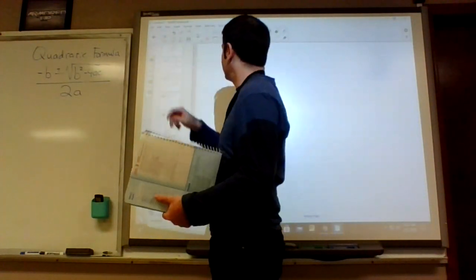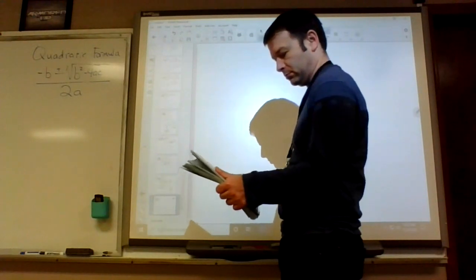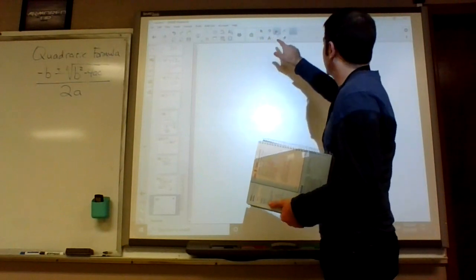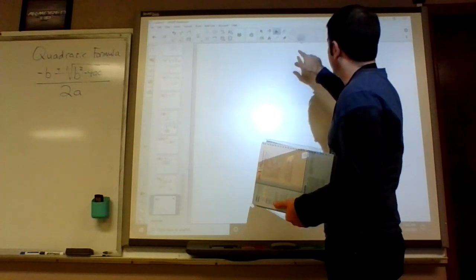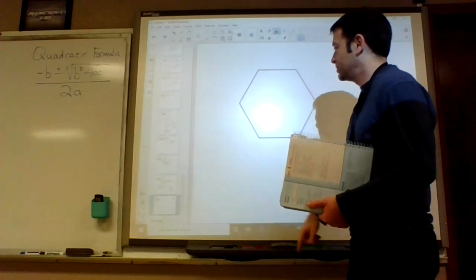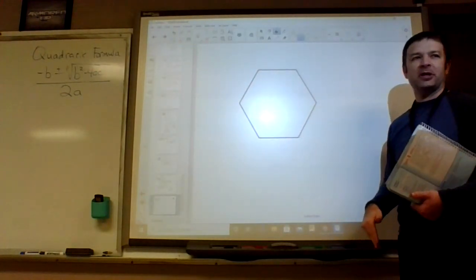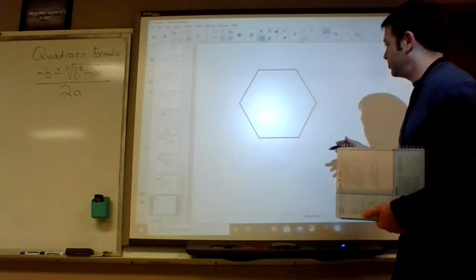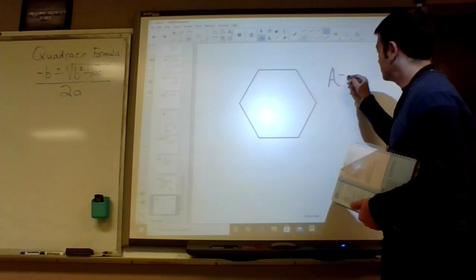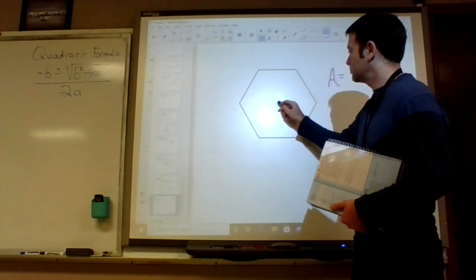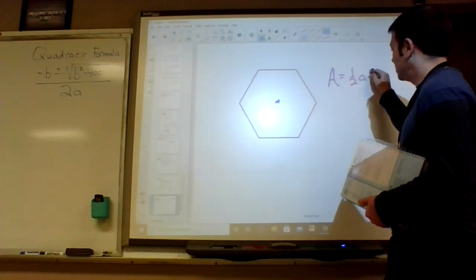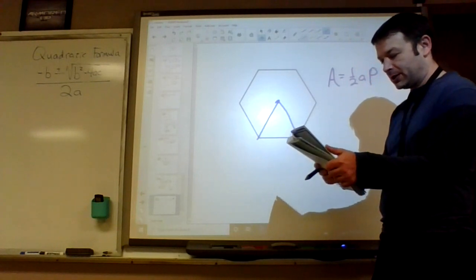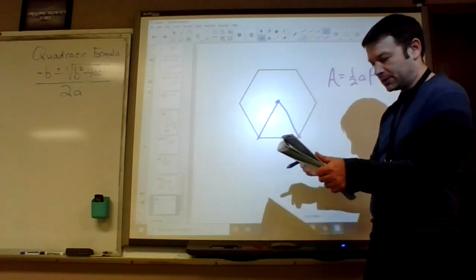Alright, 17. Regular hexagon. Hexagons are harder because they never give us the apothem. What's the regular polygon area formula? It's half of the apothem times perimeter. They never gave us the apothem on hexagons, because it says the side is 44.